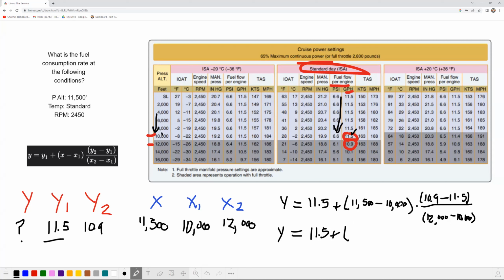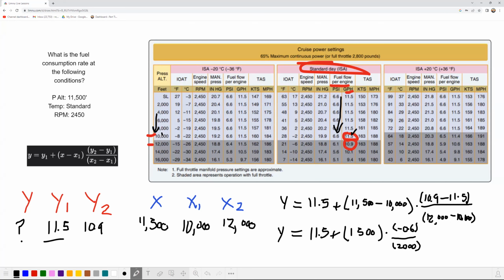So let's rewrite this with everything done in the parentheses. 11,500 minus 10,000 is 1,500. PEMDAS, yeah, that fun stuff. And then 10.9 minus 11.5 is minus 0.6. And then over 12,000 minus 10,000 is 2,000.